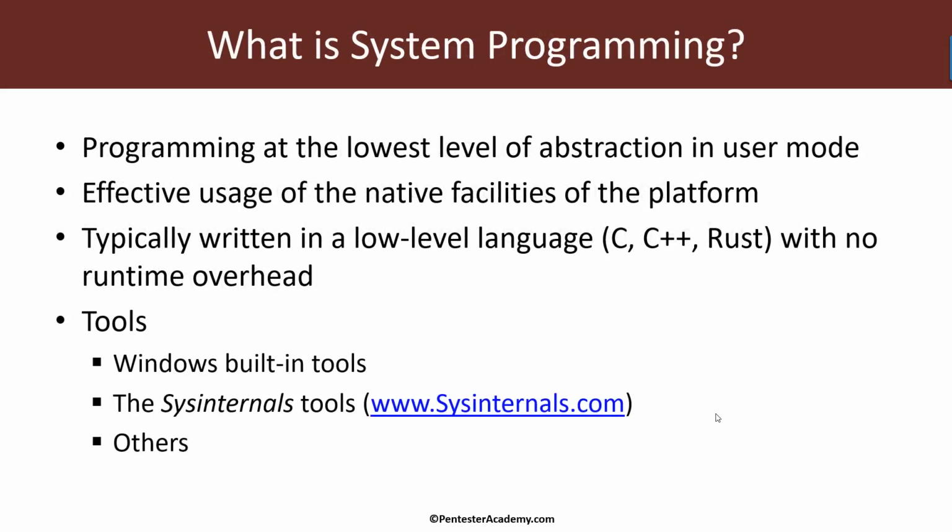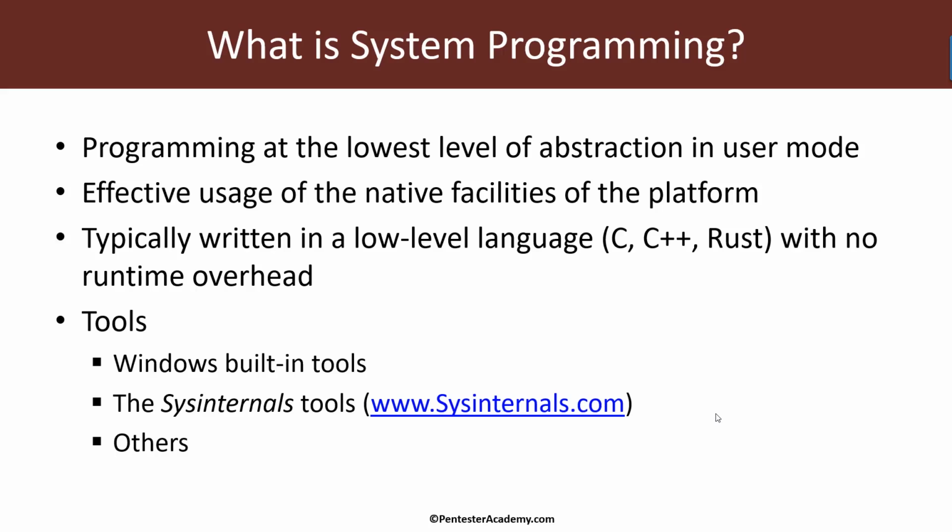So what is system programming anyway? System programming has several definitions depending on where you look. However, the common criterion is programming at a lower level of abstraction in user mode. You can technically use any language for that, but we're going to use C and a little bit of C++.